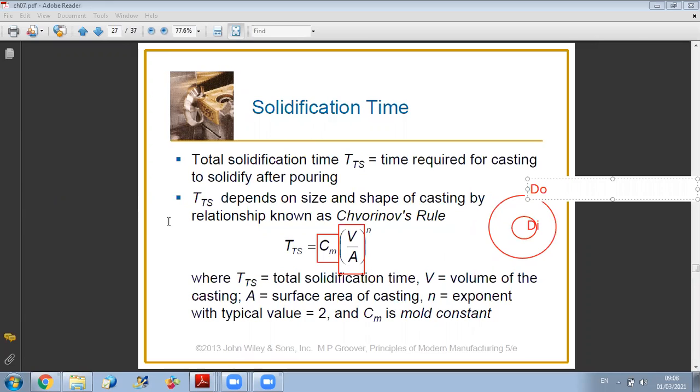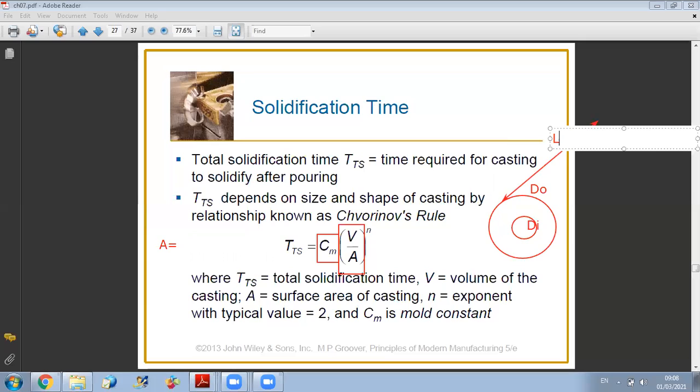Then the total area will be A equals to... what is the total contact area? Who will tell me? If I consider a length L of my casting, what will be the total contact area with the mold? Imagine the external area and the internal area.